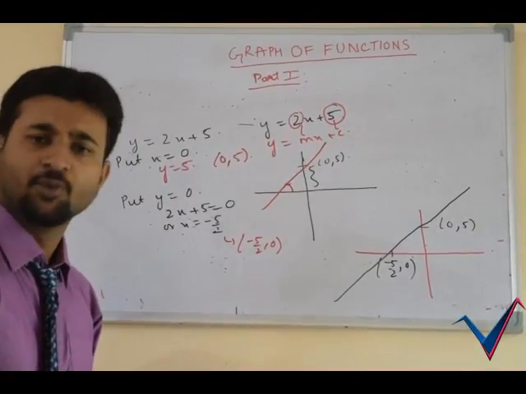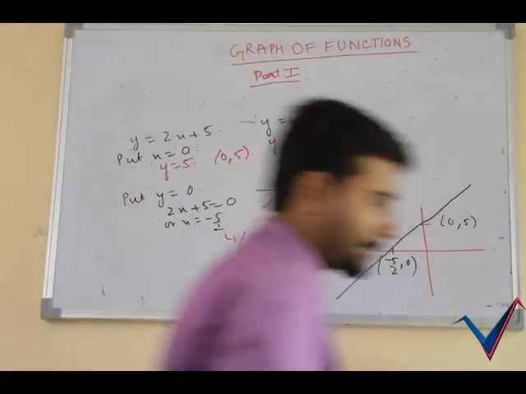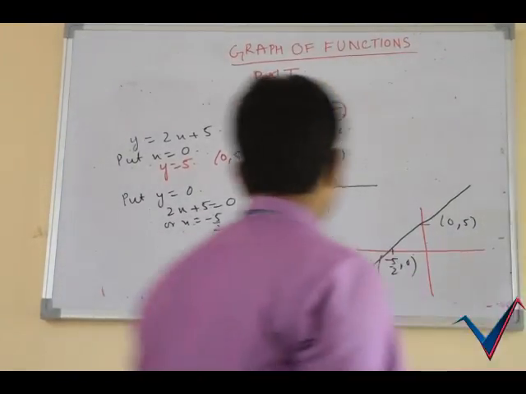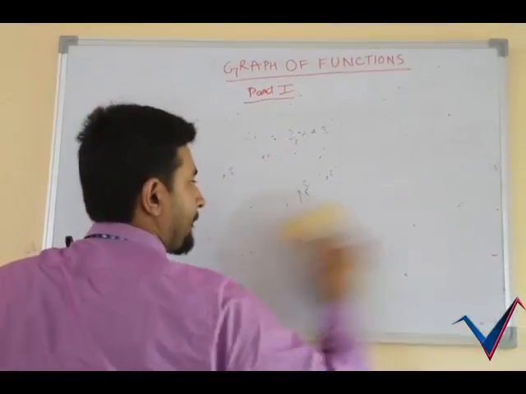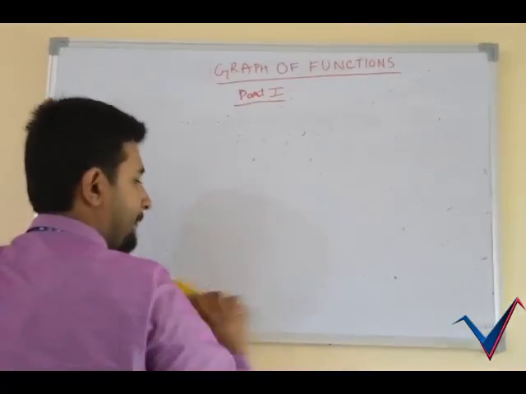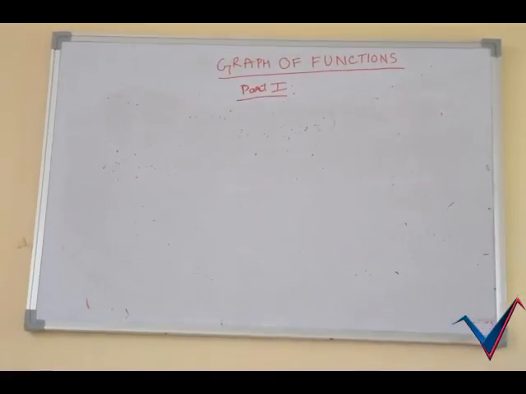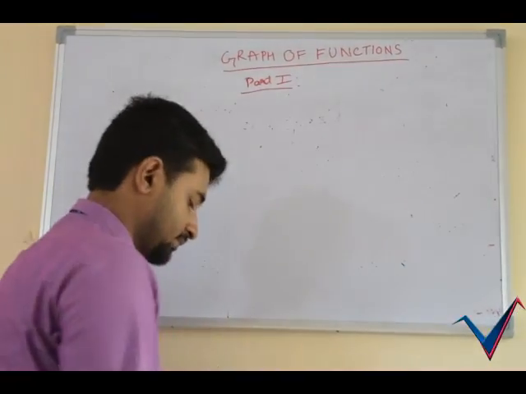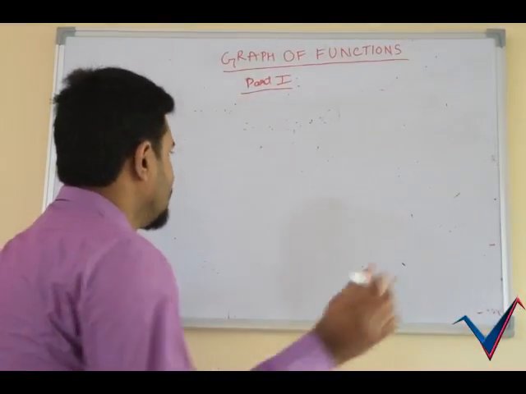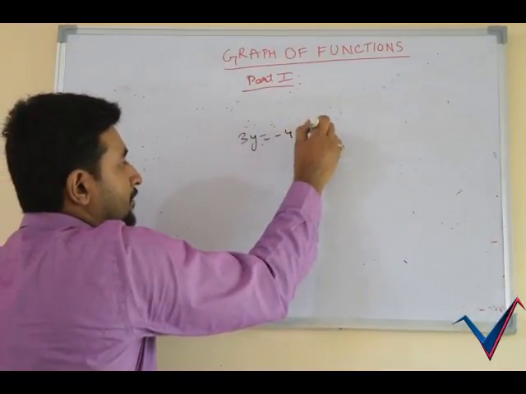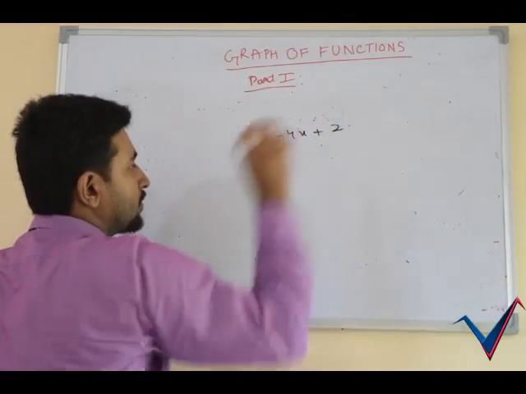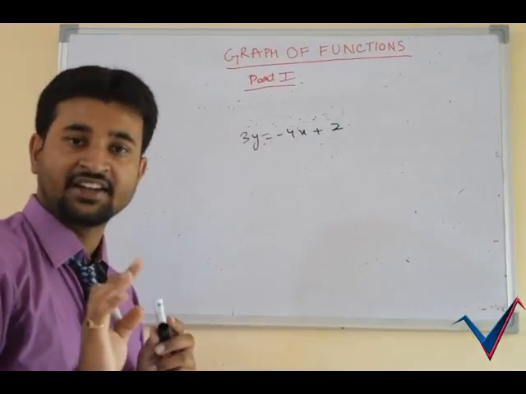Let us consider one more example. Suppose you have 3y equal to minus 4x plus 2. This is the line.